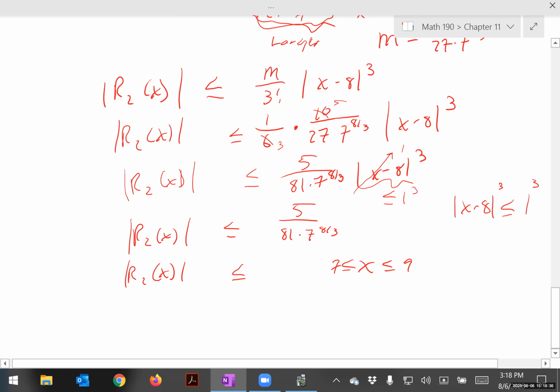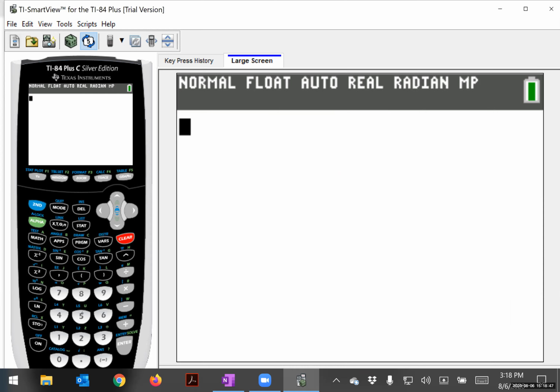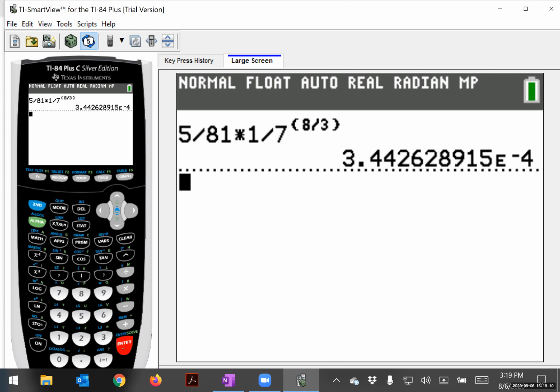So let's figure out, what is that value? That value is 5 divided by 81, times 1 divided by 7 to the 8 thirds power. And I'm getting 0.0003443.